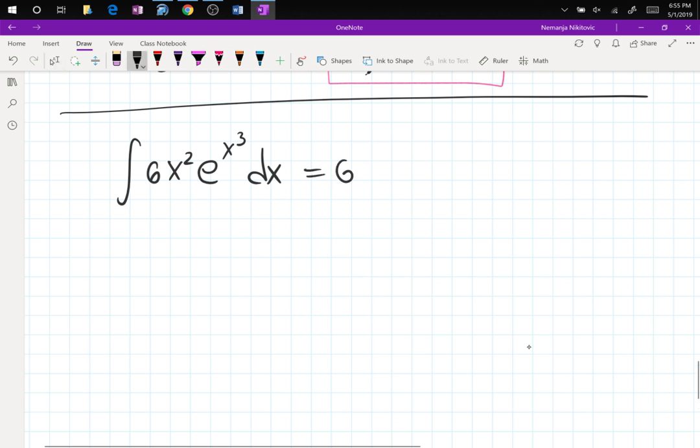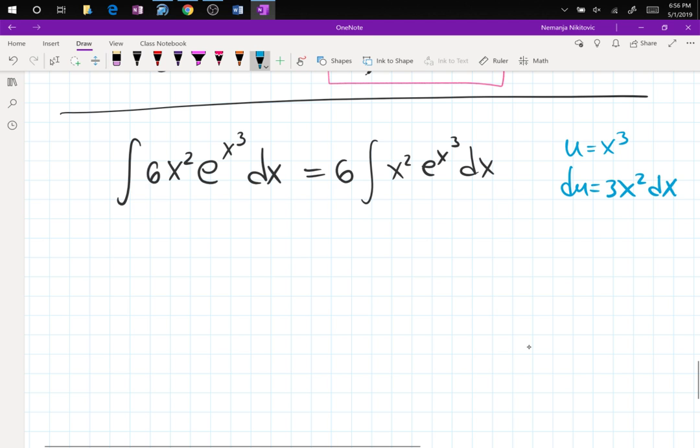So kick 6 out. We have x squared e to the x cubed dx. Then we go u is x cubed, du is 3x squared dx. Now, you have a choice of stealing 3 from the 6, right? Because 6 is 2 times 3.